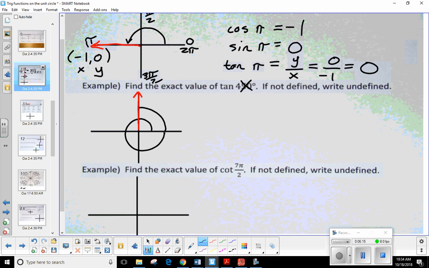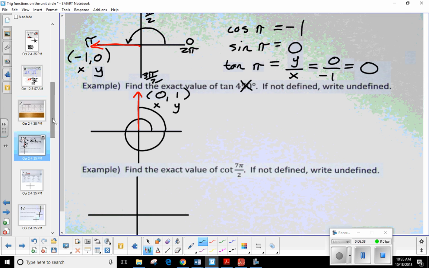Now, what's the ordered pair that's there where we stopped? It was 0, 1, right? So this point here was 0, 1. We have an x value and we have a y value. Well, what's tangent's ratio now? If we don't remember, we can take a look back over here.